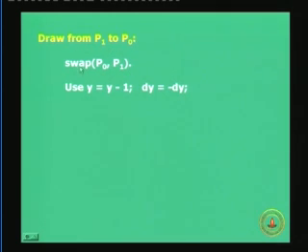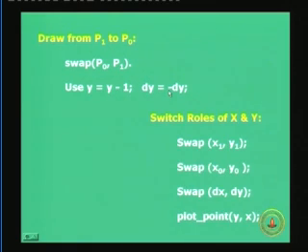The statement involves the following two codes: swap P0 P1, that means make P0 equal to P1 and P1 equal to P0, and decrement y and make dy equals minus dy. So that will automatically happen. So basically going down instead of going up. And switching roles of x and y is swap x1 y1, swap x0 y0.